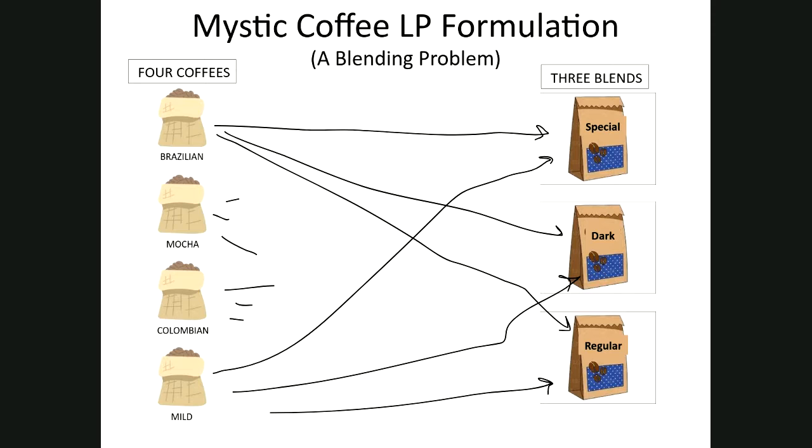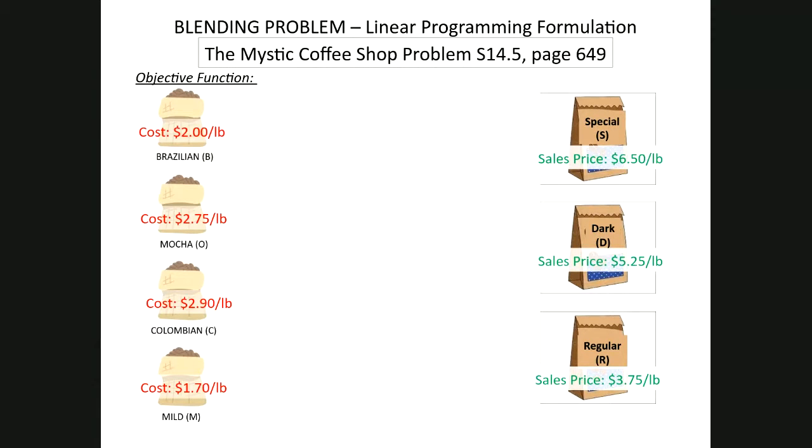Then in order to construct our objective function for each one of these combinations, we had to calculate the respective profit per pound, and again for any Brazilian that went into the Colombian, the profit per pound was $4.50 because we subtracted $2 from $6.50, and that was true all the way down to the case where we had the mocha from the regular, and of course the net profit was $1 per pound, and so forth.